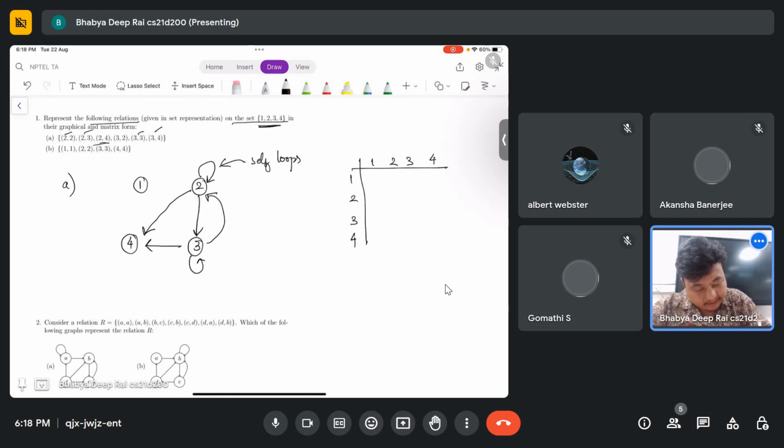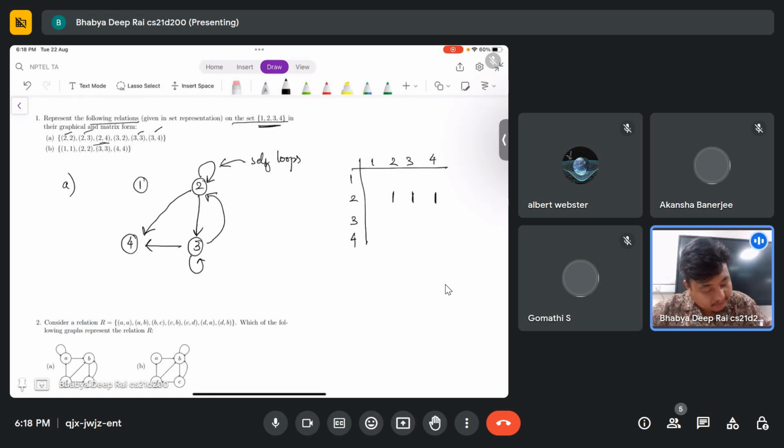Firstly, 2 is related to 2, so I make a 1 here. Next, 2 is related to 3. In the 2 comma 3 position, I put a 1. Next, 2 is related to 4. So in the 2 comma 4 position, I put a 1.